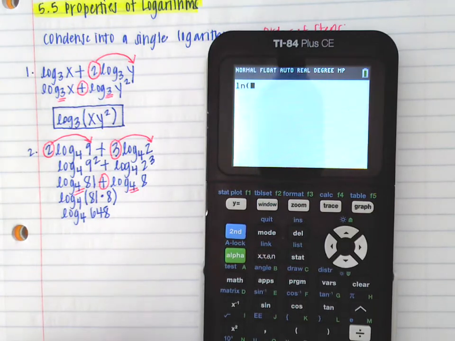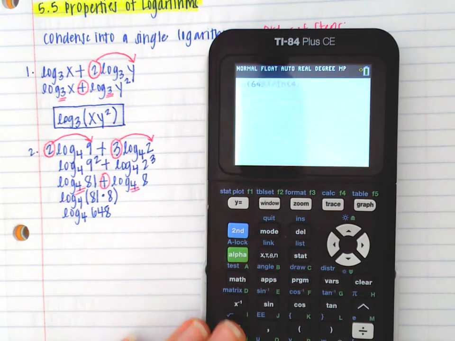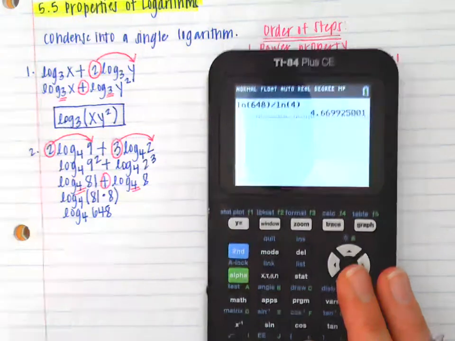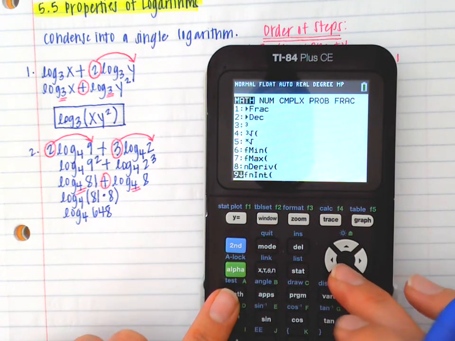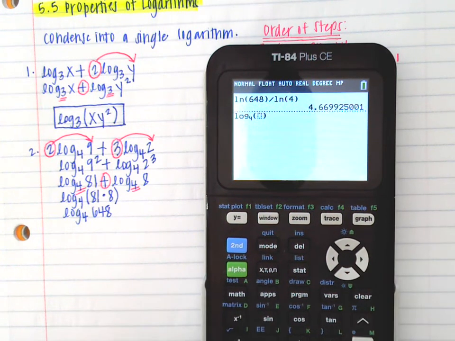So that would be ln of 648 divided by ln of 4. Remember, you drop the base. Or if you have a TI-84, TI-84 Plus, whatever you have, you can go in and that would be log base 4 of 648. You get the same thing.